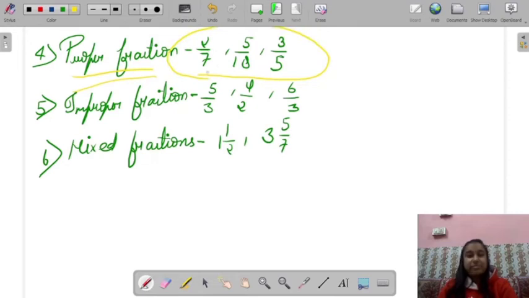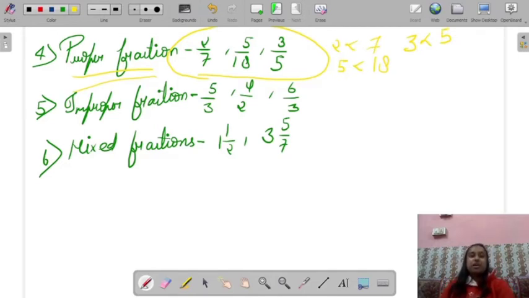Here in the first example, 2 is less than 7. In the second one, 5 is less than 18. And in this example, 3 is less than 5. So the numerator is going to be less than the denominator.